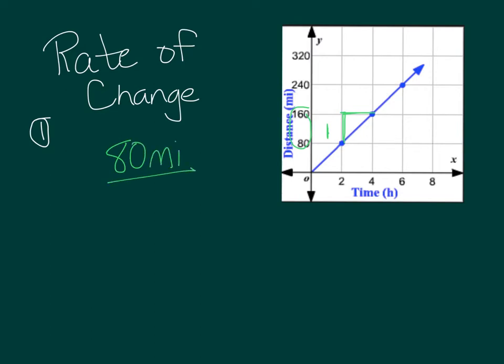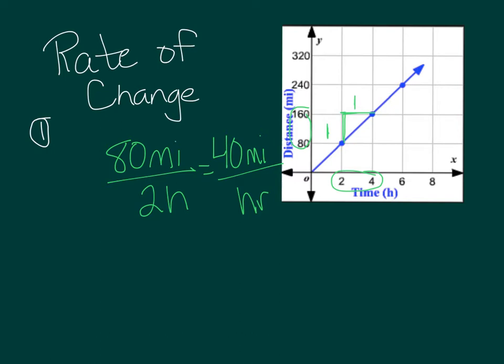And then it runs 1 unit, but again, remember, unit goes from 2 to 4, so that's 2 hours. So our rate of change means for every 80 miles, it's 2 hours, and we can always reduce that to 40 miles per hour.